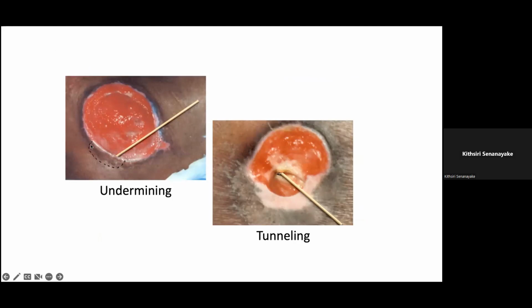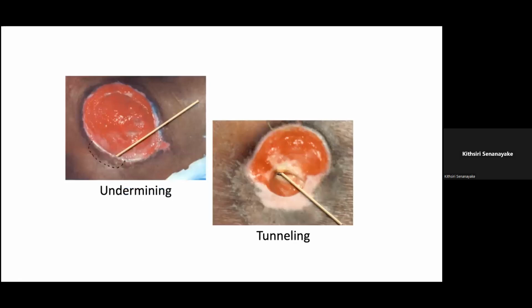So infection can harbor inside, so you have to carefully check whether there's undermining in your wound. And also you need to see whether there's tunneling, right? If there's a tunnel in the middle of the wound, again, it can harbor infection, and those things can delay the healing.